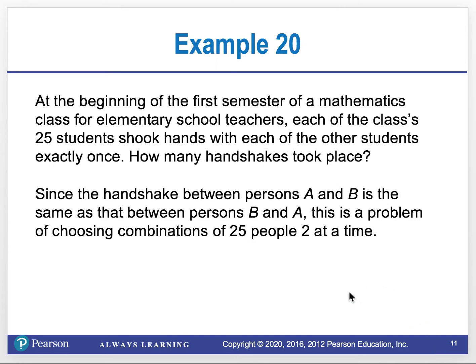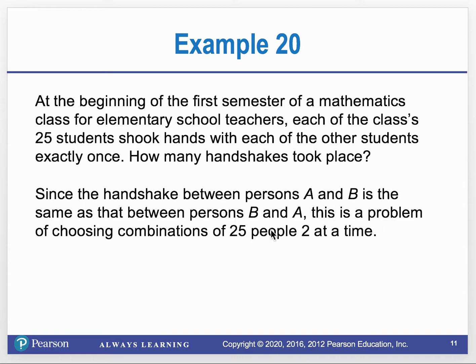At the beginning of the first semester of a mathematics class for elementary school teachers, each of the class's 25 students shook hands with each of the other students exactly once. How many handshakes took place? So they're still helping us think through what we need to know. Since the handshake between persons A and B is the same as that between persons B and A, this is involving combinations. The order that you shake hands really doesn't matter.